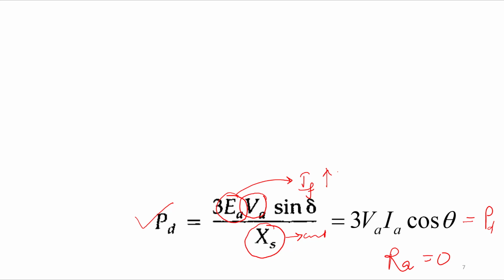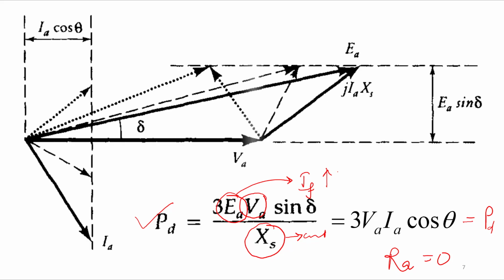So V curve means it should be IA versus IF. That means we are varying IF to see how we get this V curve. Just a simple explanation is given here with the phasor diagram.